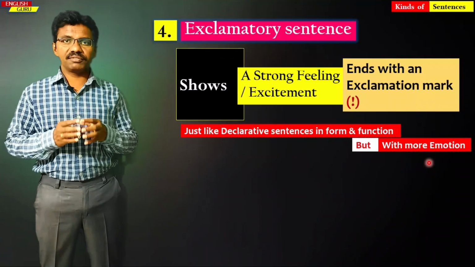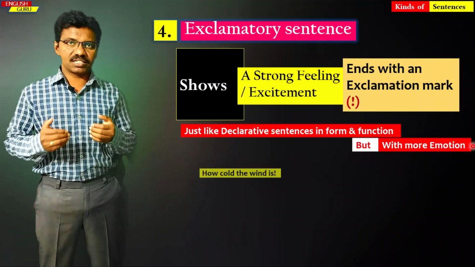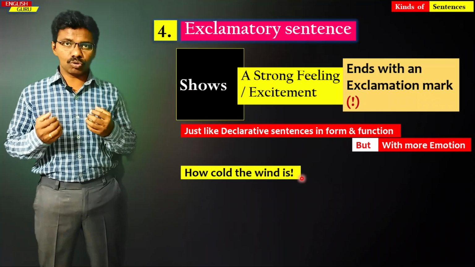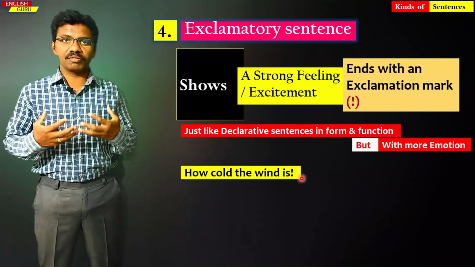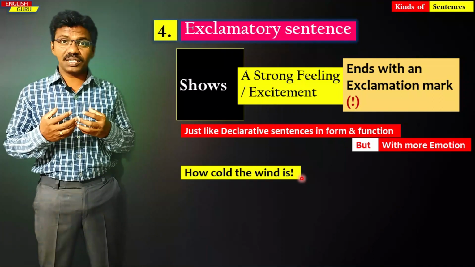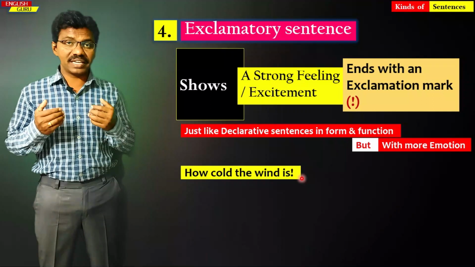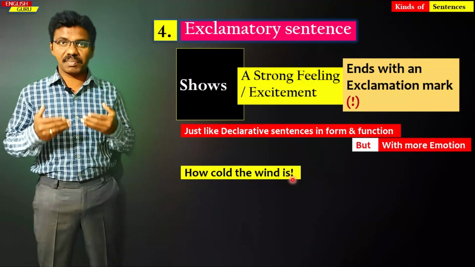That is the difference between declarative and exclamatory sentences. For example, how cold the wind is. So the wind is so cold, and you are saying it with some excitement, some kind of strong feeling, you are stressing the cold. So that's the reason: how cold the wind is. So we are exclaiming something here. That's the reason it is an exclamatory sentence.